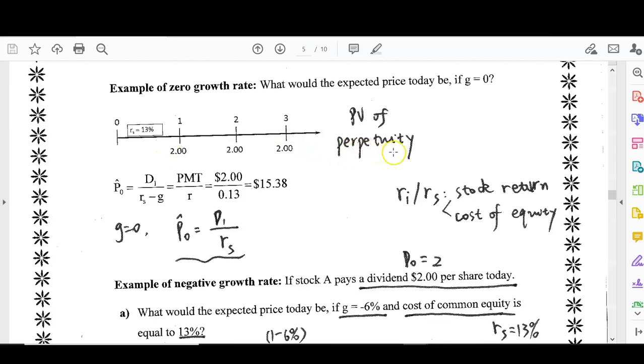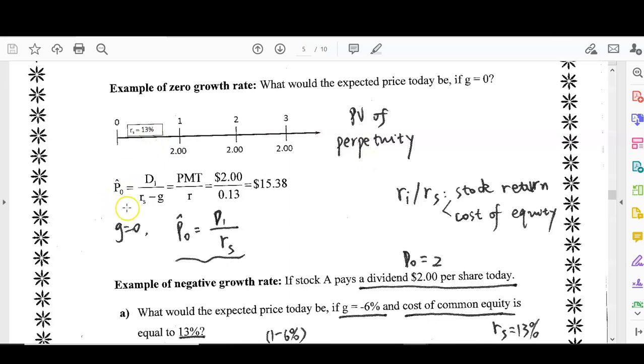It becomes a perpetuity. So using the dividend discount model or constant growth model, we want to discount all these future $2 dividends to present. These $2 go on forever, so this is the same as looking for the present value of a perpetuity.